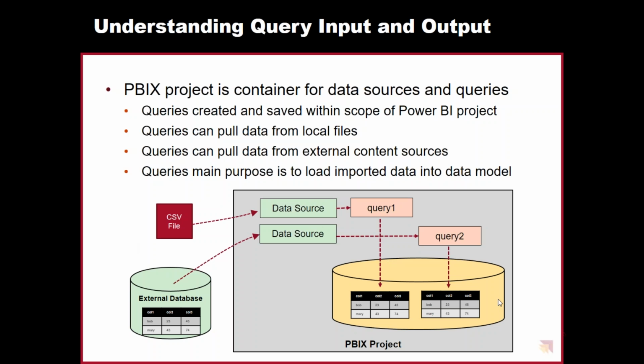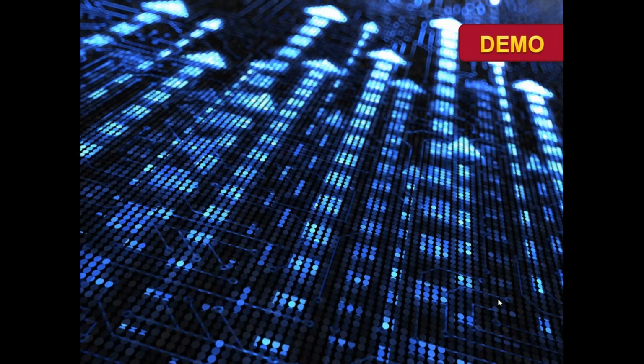But what's also important to see is that quite often you'll create a query where it doesn't really serve any purpose for it to generate its own output table. Instead, some queries just serve as input to other queries. And so you can basically disable the load feature so that you don't unnecessarily load data into your data model if it's not going to be used.